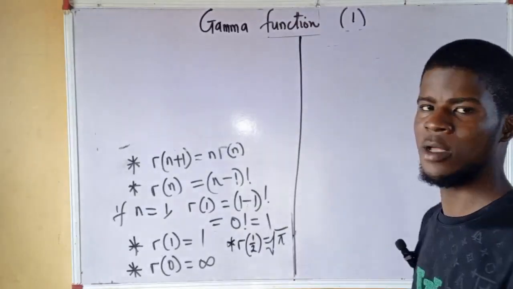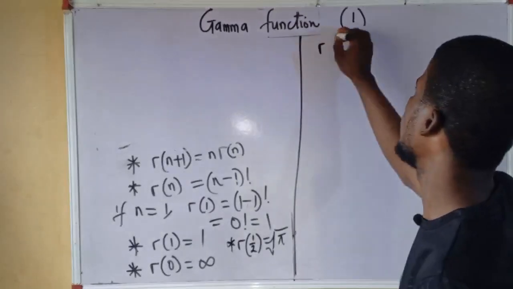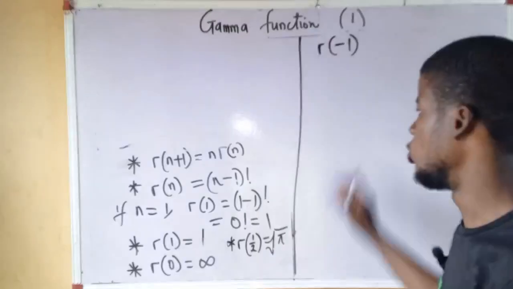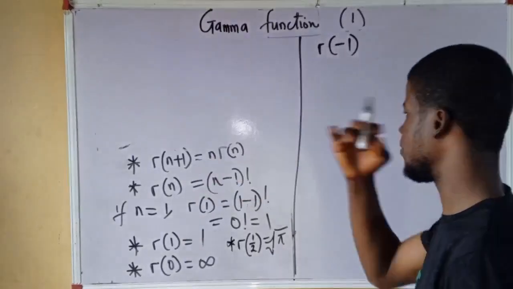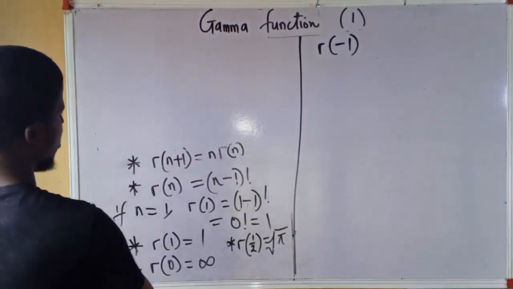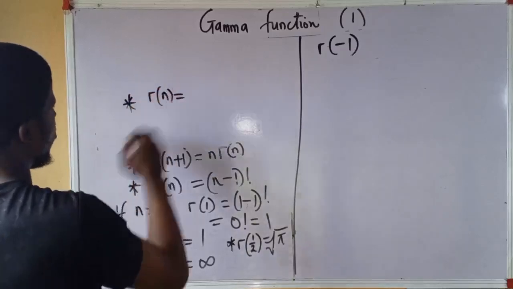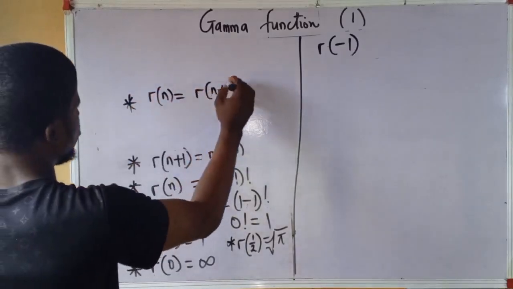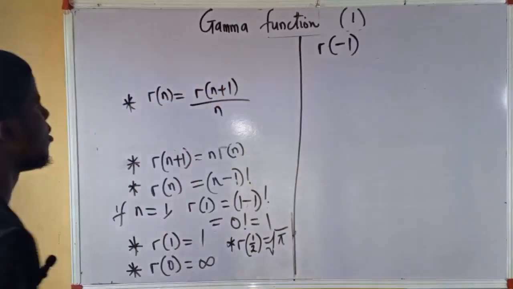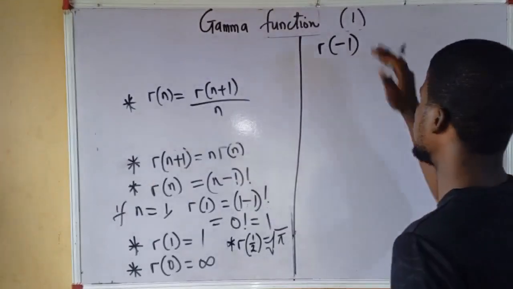Now, let's talk about negative values. What is the value of gamma of minus 1? To do this, we are going to come from here. I want to make gamma of n the subject of the formula. And that will be gamma of n is equal to gamma of n plus 1 all over n. So we make use of this to determine negative values as well.